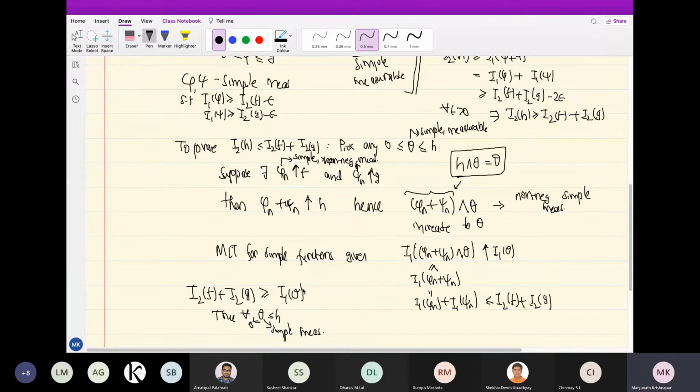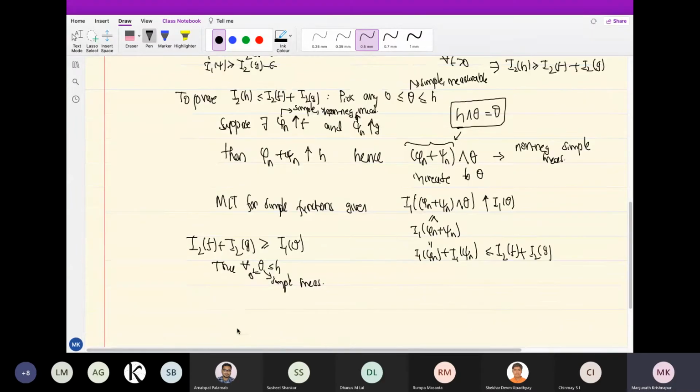So you take sup over theta to get I2 of f plus I2 of g greater than or equal to I2 of h. Okay, so that completes the proof of the first part. That's the proof of the additivity.